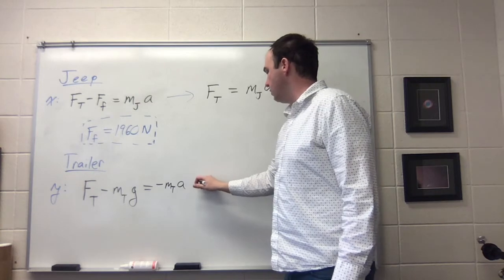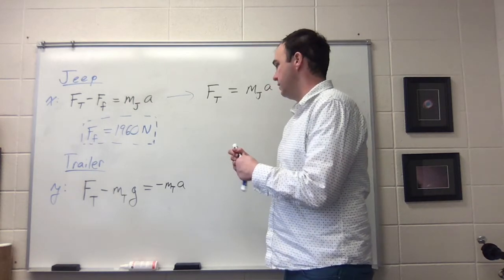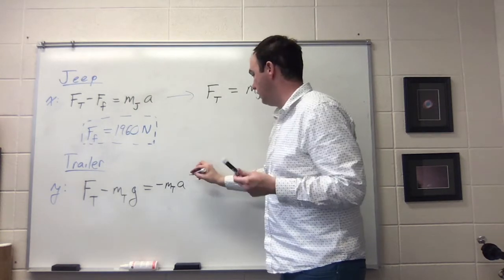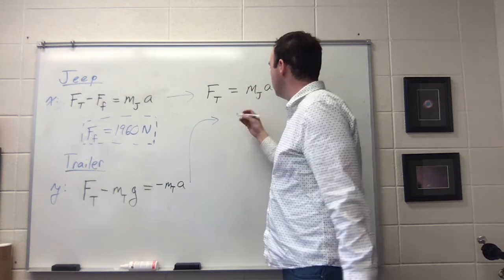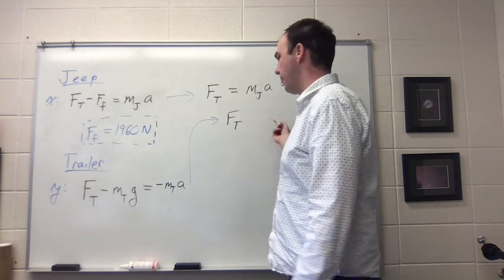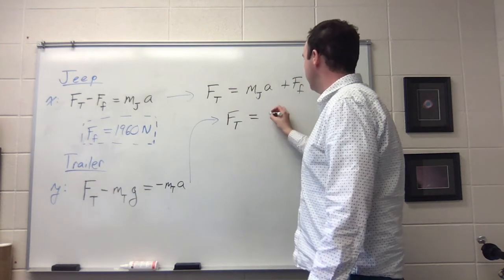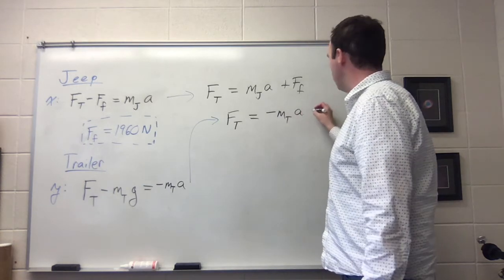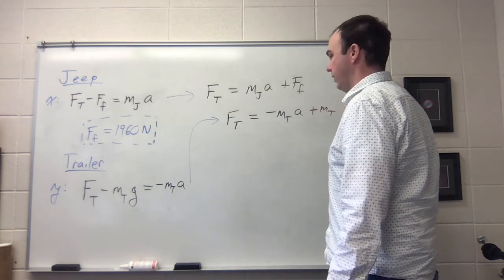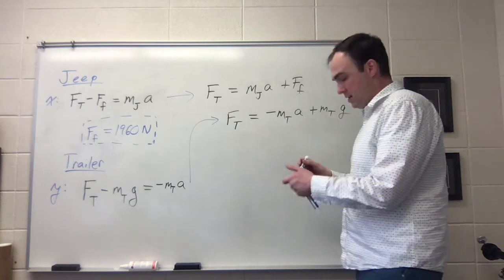And then this equation here is going to become force of tension is equal to negative mass of the trailer times the acceleration plus mass of the trailer times g.